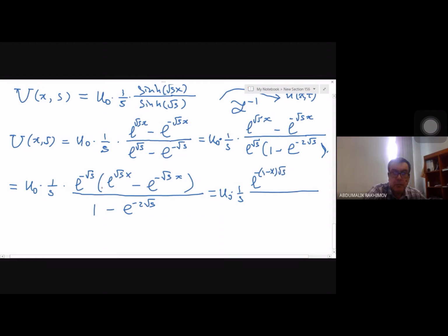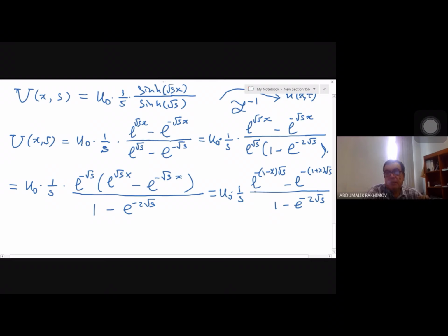So the multiplication of these two exponents will be minus (1 minus x) root of s, minus exponent, and when I bring this, minus (1 plus x) root of s. Then exponential minus 2 root of s.